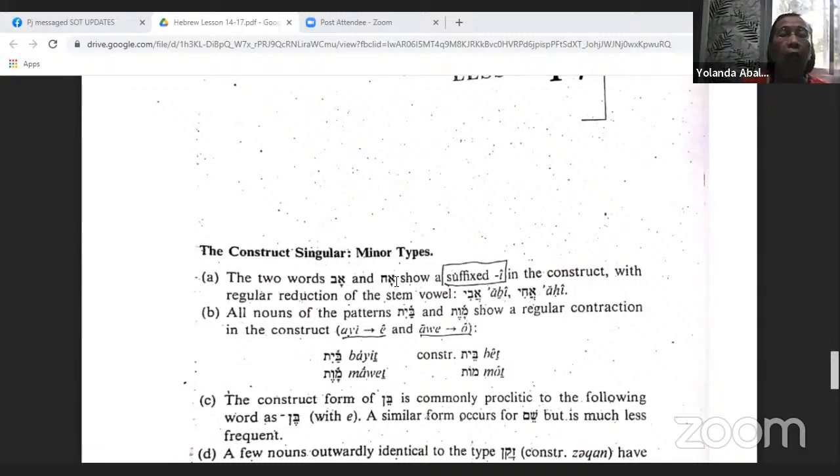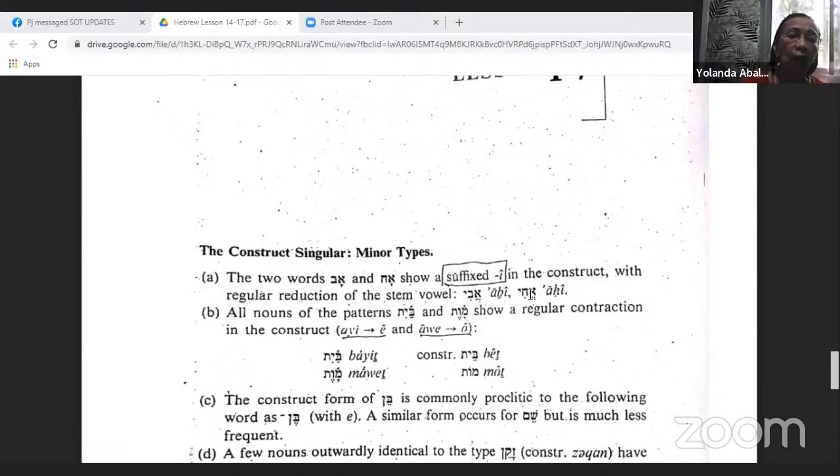Pagka ang ak daw, lalagyan natin ng suffix na i or ay, kirek yod, magiging aki. Ang ab, lagyan natin ng suffix kirek yod, magiging abi. So, ito ang kalalabasan niya. Abi, aki. Ano yung abi? My father.